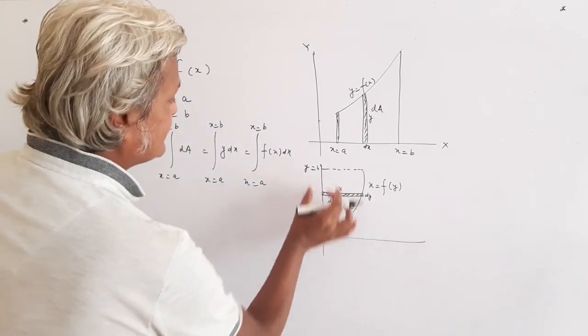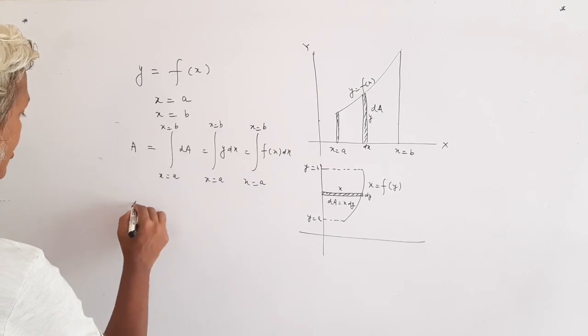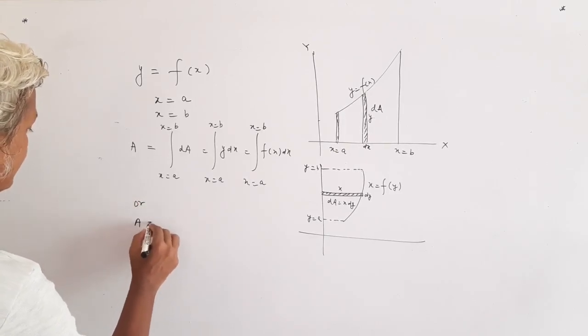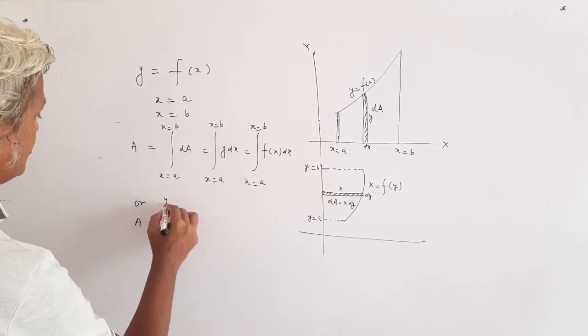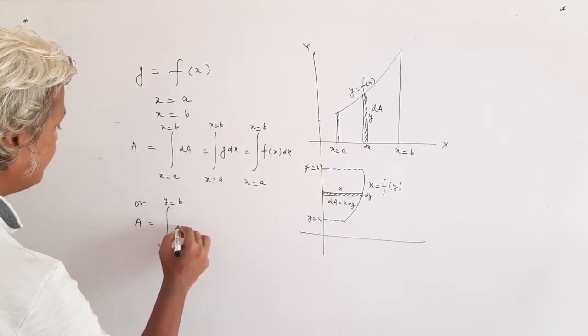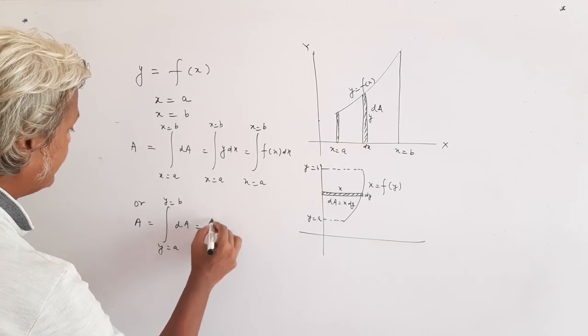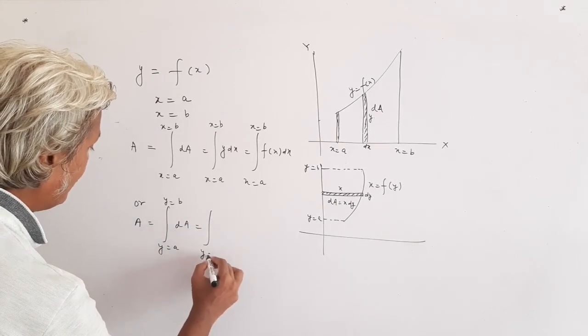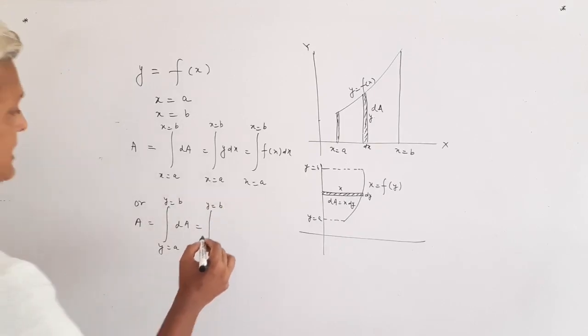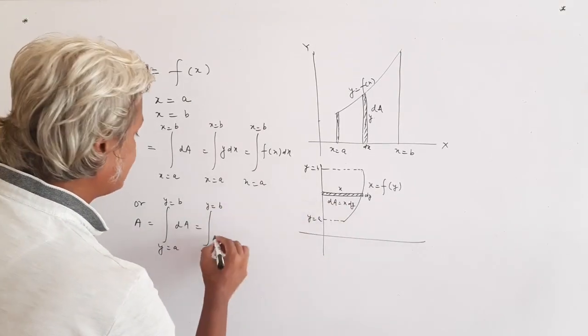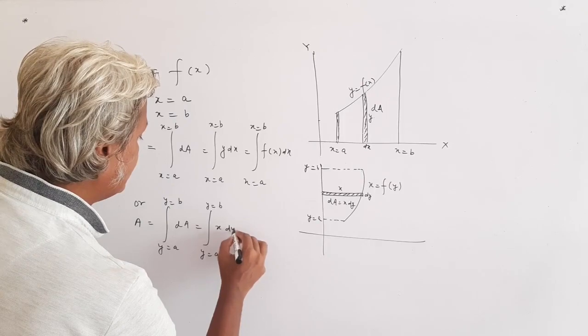Now we have to find the summation. This area will be the integral from y equals a to y equals b of dA, and dA is x dy.